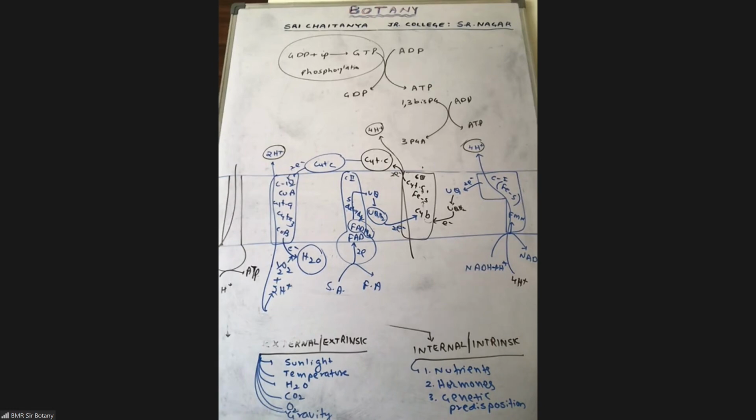What are the two successive decarboxylations of the TCA cycle? The formation of alpha ketoglutarate from oxalosuccinate, and the breakdown of alpha ketoglutarate.